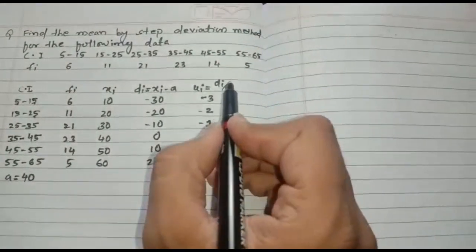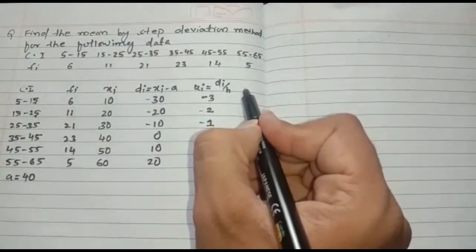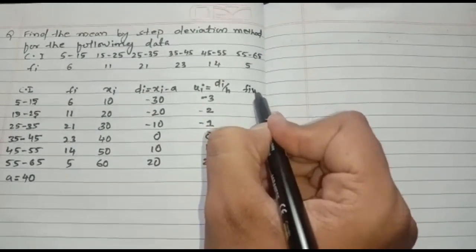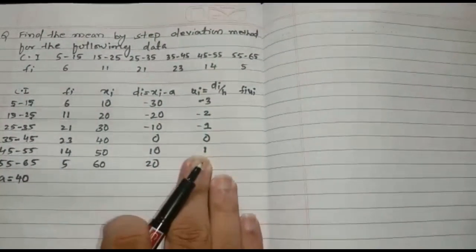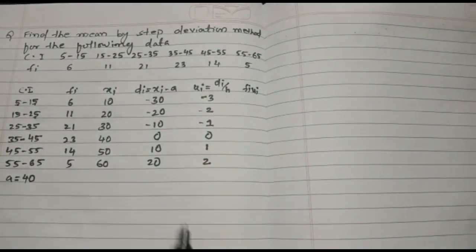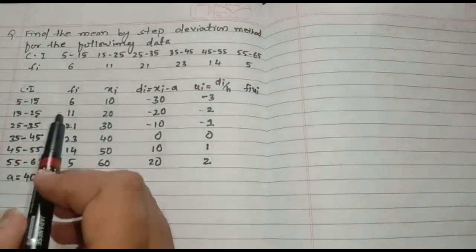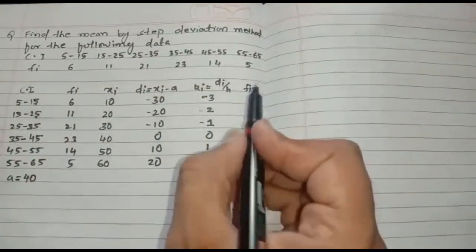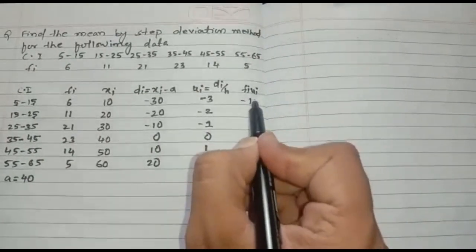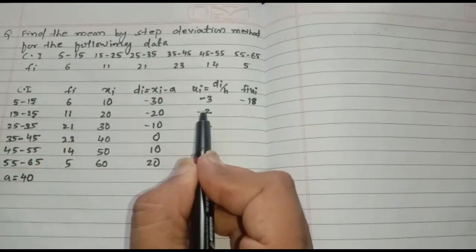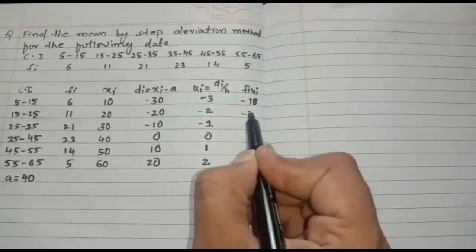The last column in step deviation method is fi into ui. We have to multiply the values. Fi into ui. 6 into minus 3 is minus 18. 11 into minus 2 is minus 22.